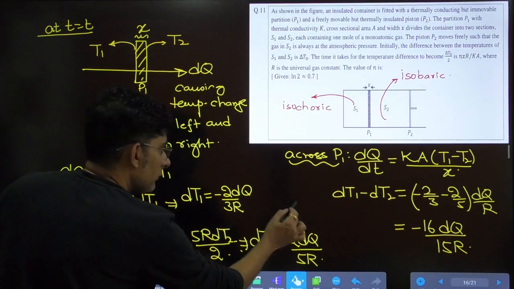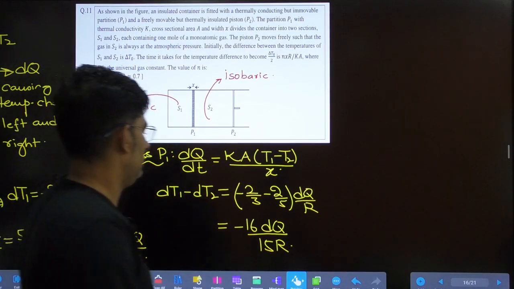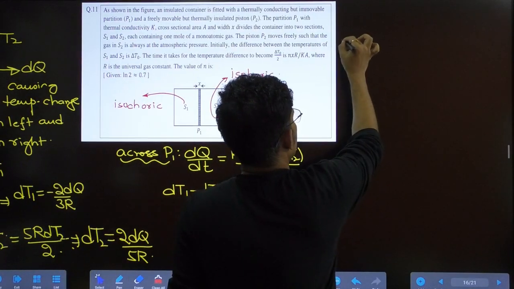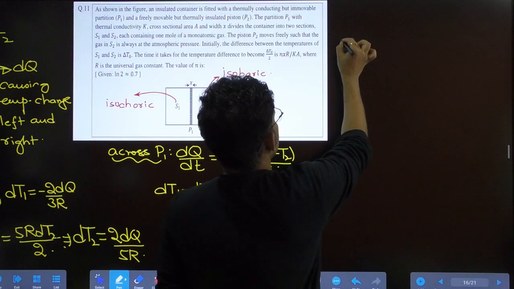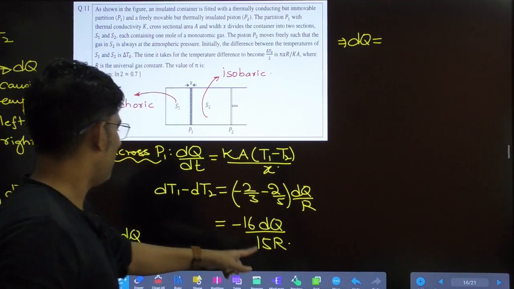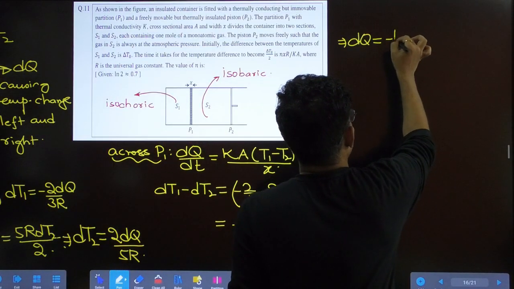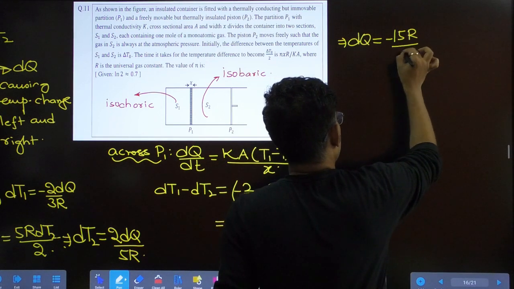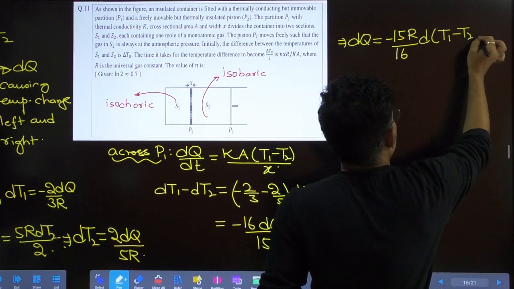So what we can do now is substitute the value of dq as minus 15R by 16 times d of T1 minus T2.